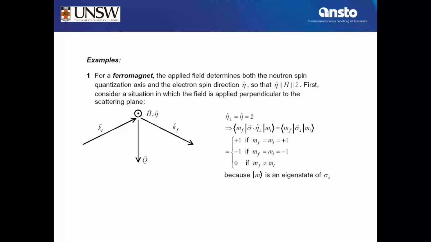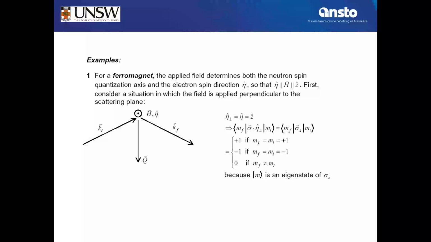And actually, if we now include the Pauli matrices and really calculate that interaction potential, we get an integer value plus or minus for both incoming neutron spin up and outgoing neutron spin up, or incoming neutron spin down and outgoing neutron spin down.